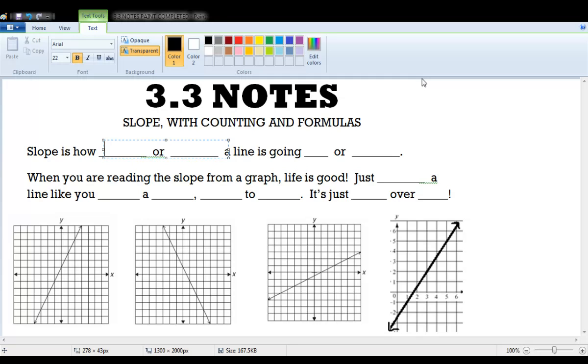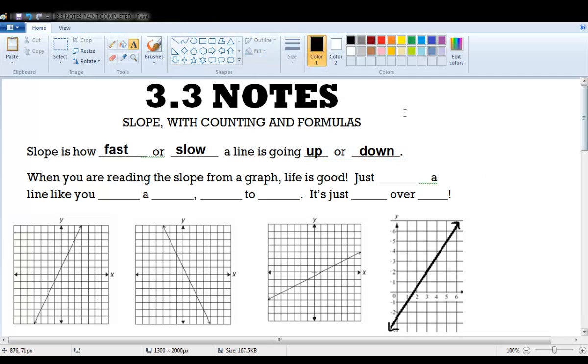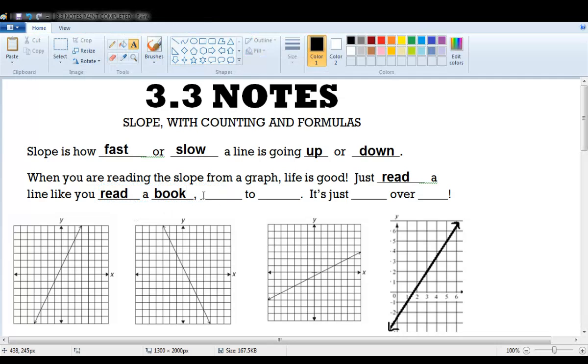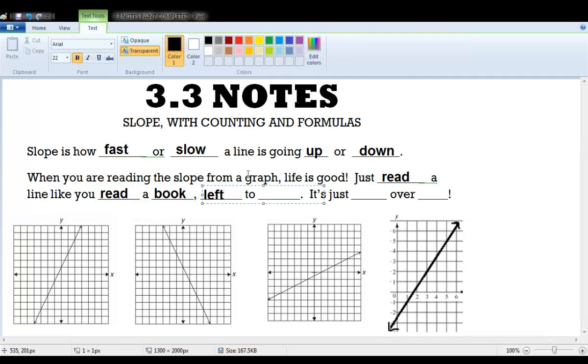So anyway, I think you already know that slope is just how fast or how slow a line is going either up or down. The big key to it is that you have to read a line like you read a book, as in, you're judging it from left to right.